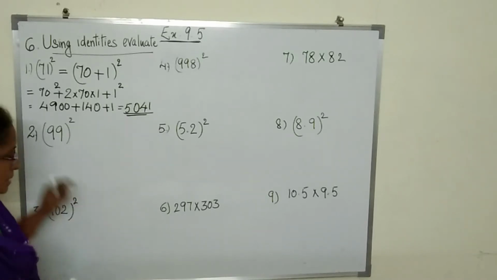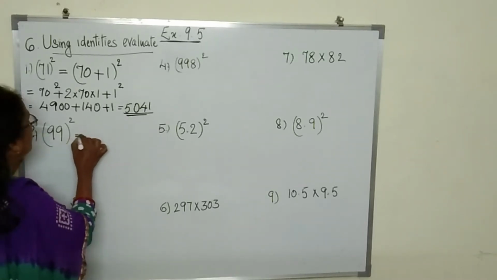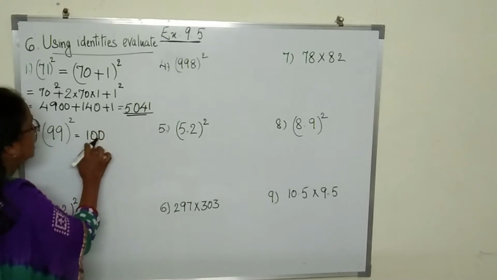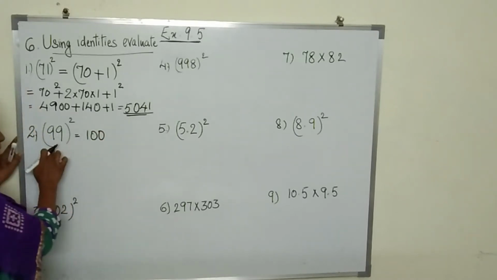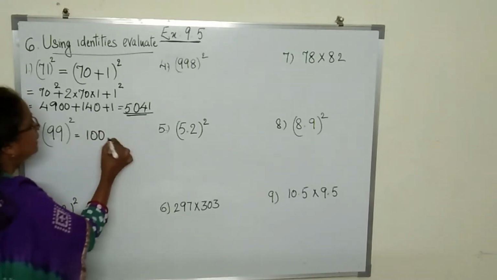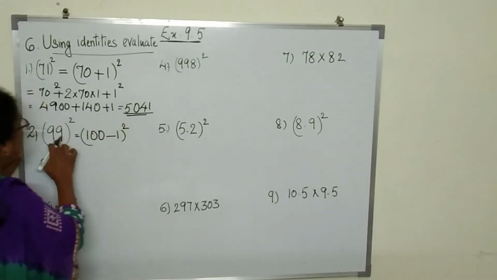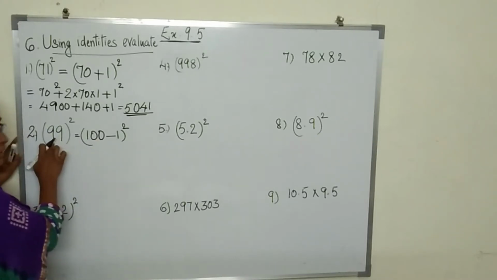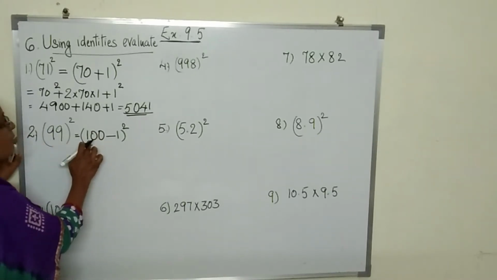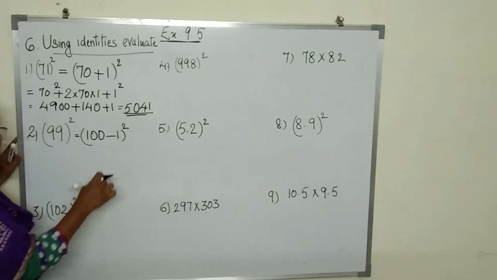Now here it is 99 square. Which is the 0 ending number nearer to 99? What is the number? 100. Now how will you make 100 to 99? (100 minus 1) whole square. 100 minus 1 is 99, which is in the form (a minus b) whole square.